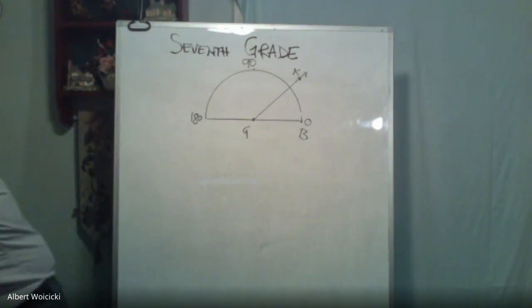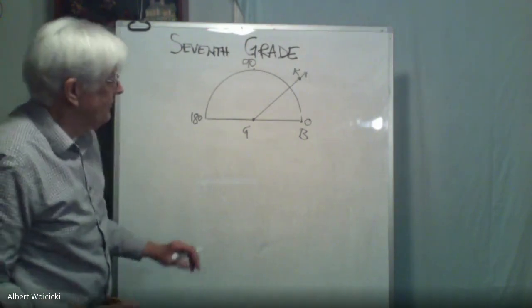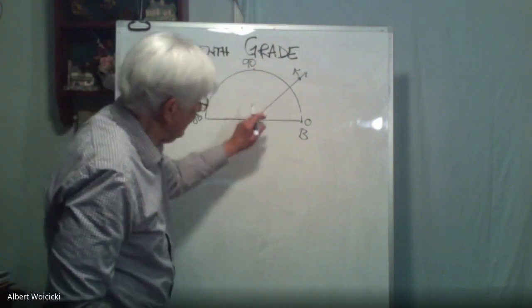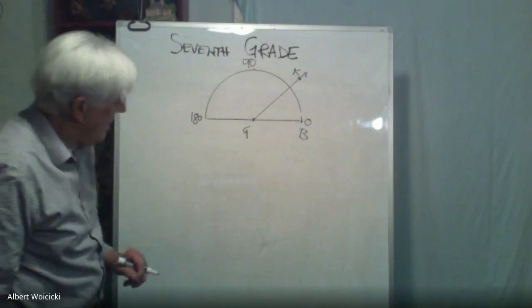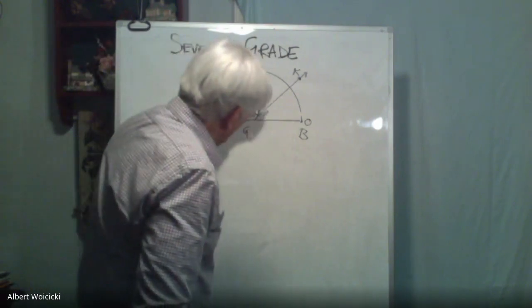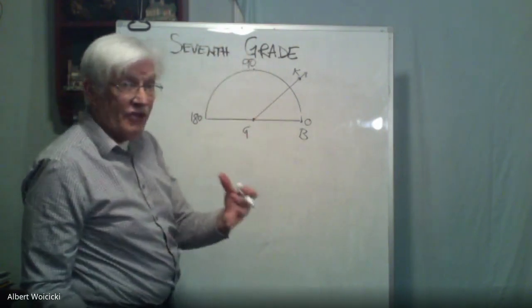That's all right, I can call it the CIA. But anyway, KGB is my angle. So what I want to know is the size of this angle.